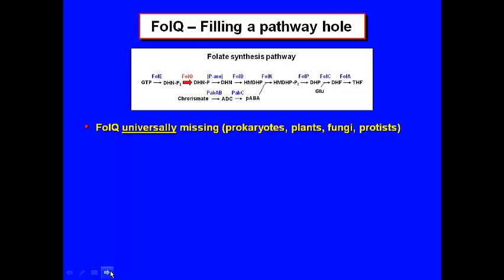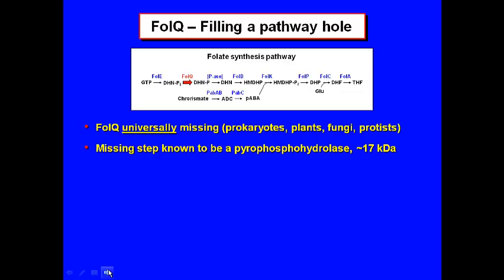The missing step was known to be a pyrophosphatase because we knew what the reaction was, and that enzyme had actually been purified in some wonderful classical biochemistry in the 60s by Gene Brown's lab, and we knew it was a small pyrophosphohydrolase, about 17 kilodaltons in E.